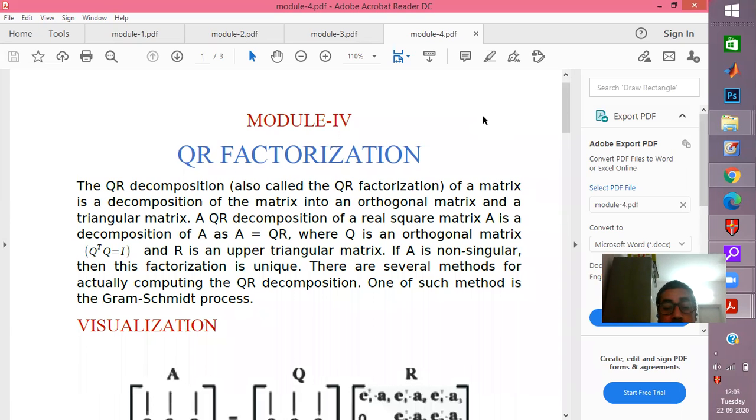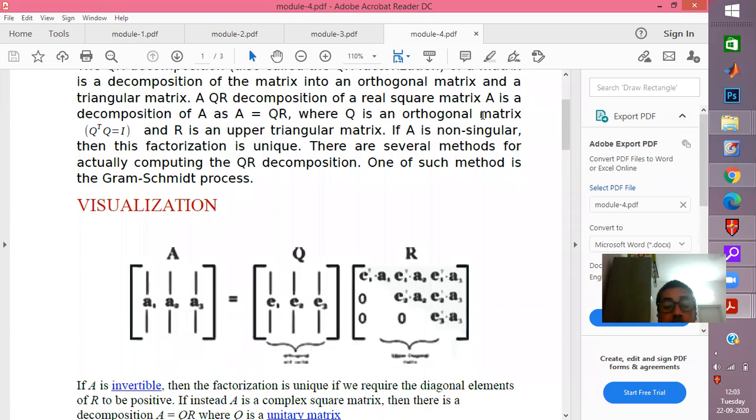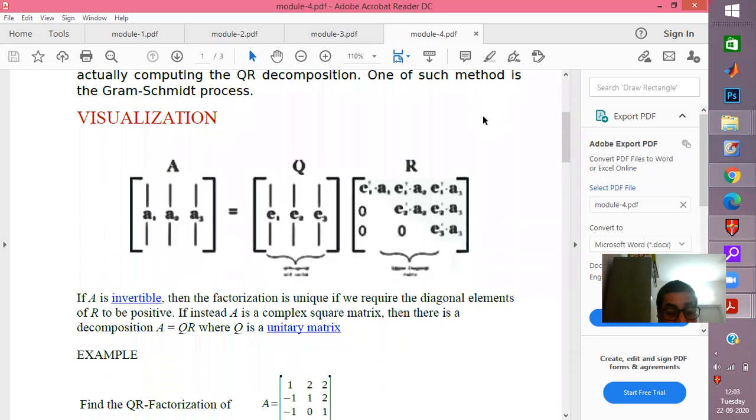So first let us visualize a QR. The left-hand side is a matrix A, and the right-hand side is broken into Q and R. You can observe the vectors of Q are written as e1, e2, e3, etc., which are nothing but unit vectors, and they should be mutually orthogonal.